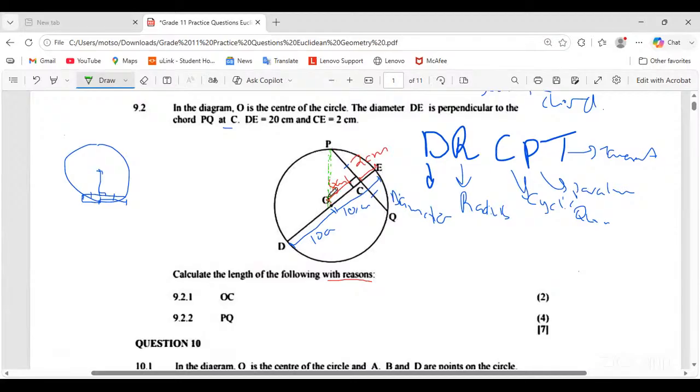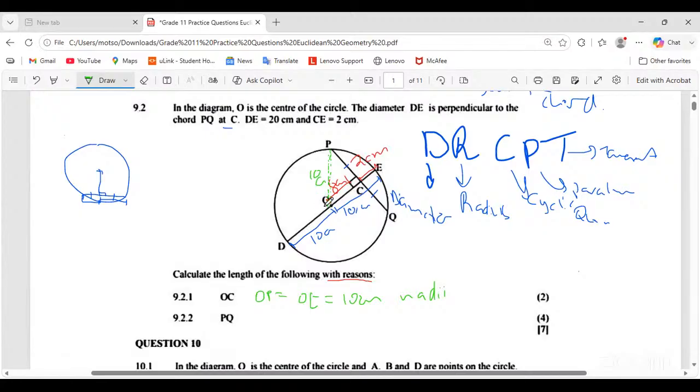So what is the length of OP? And then you will say OP is equal to OE is equal to 10 centimeters. What is the reason behind that? They are all radii, right? Yes. Now we have 10 centimeters for the OP.